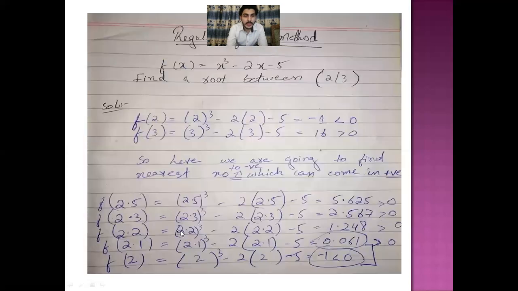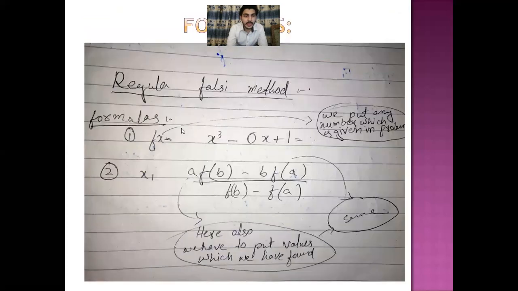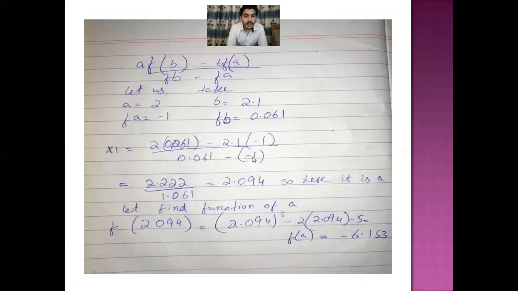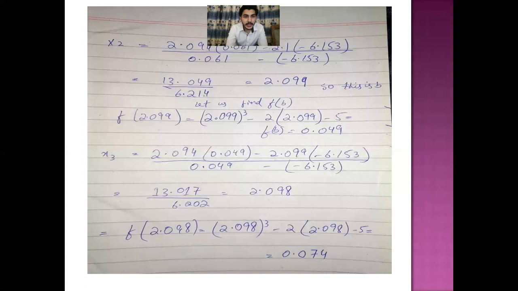We are putting again into the formula this. So 2.094 q minus 2 and 2.094 minus 5. So the function of a, I got the answer minus 6.153. So that was our x1. So again we are finding x2.